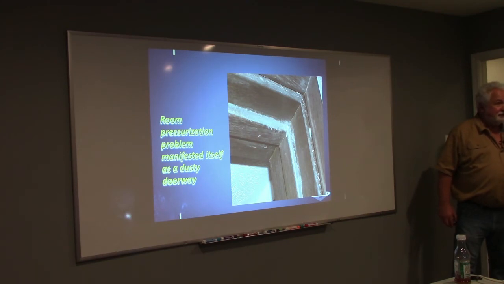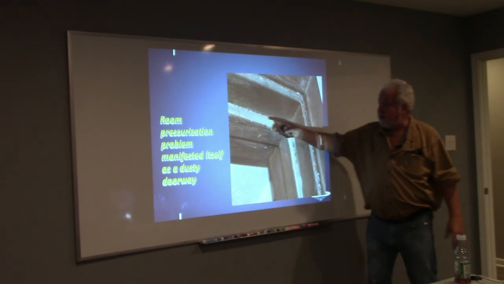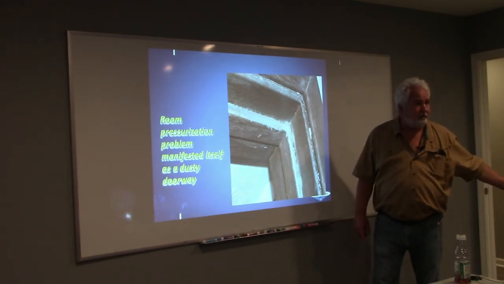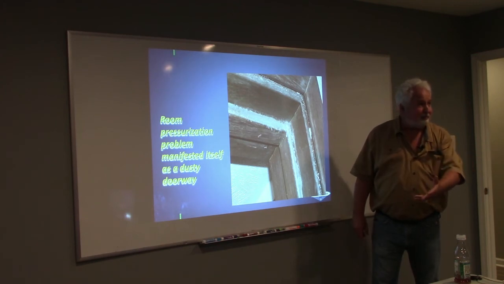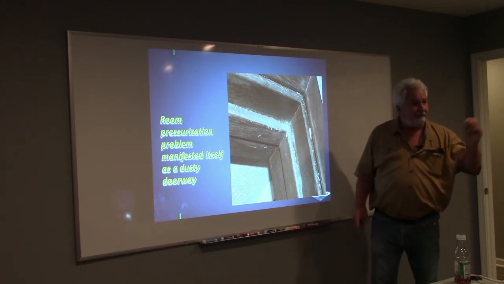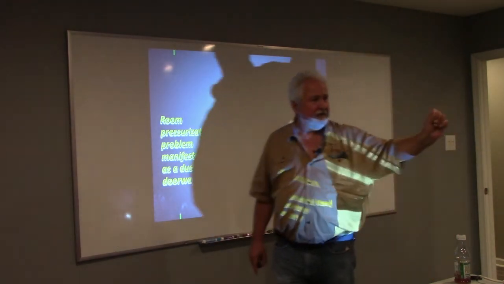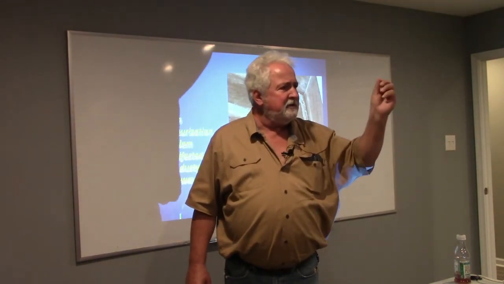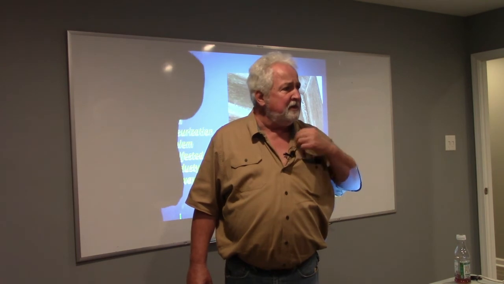So if you see dust in here, that's screaming at you that the door's being closed. If the door's being closed, we know that we've got pressurization problems, which means we're going to have moisture problems, yes?